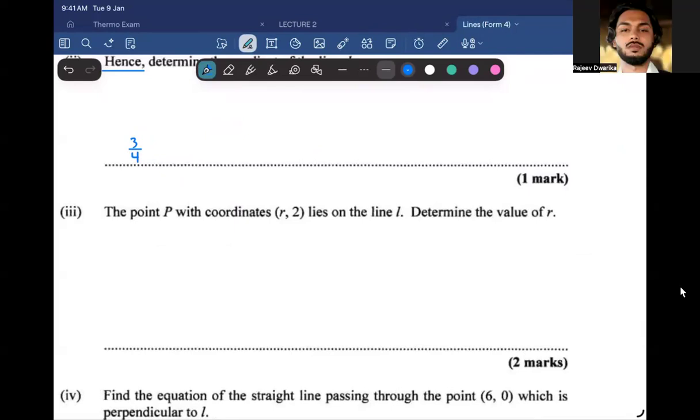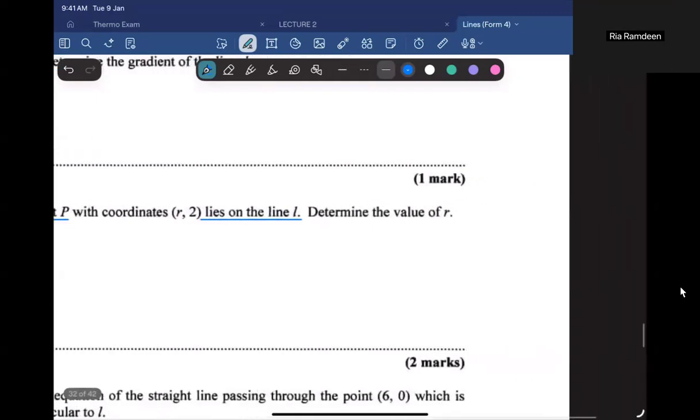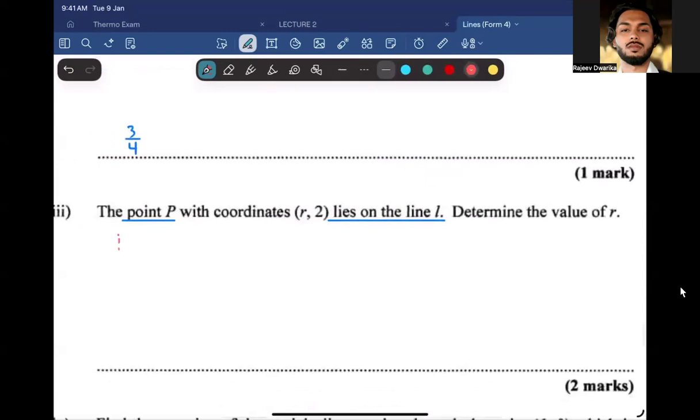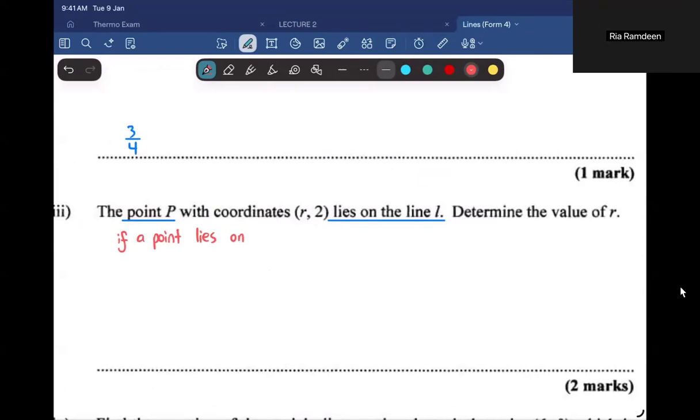Before I continue, notice they say that point P lies on the line. If a point lies on a line, it should satisfy the equation of the line. I'll make a note about that. If a point lies on a line, it's being very naughty. It's being a snitch, because it's lying on the line.